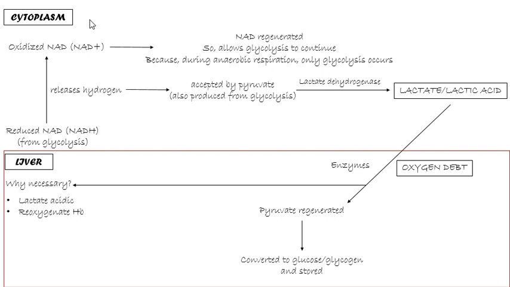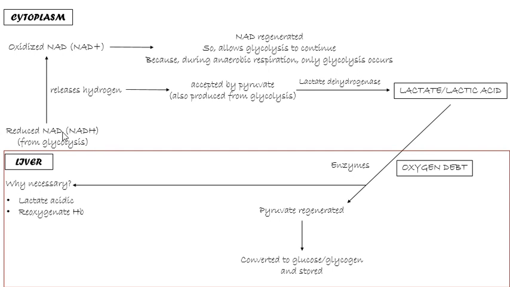So, after glycolysis has occurred in the cytoplasm of the cell, you should know that reduced NAD is produced as a result of glycolysis. Now, what happens in anaerobic respiration is that this reduced NAD releases the hydrogen it has captured previously. According to chemistry, whenever a compound releases or loses hydrogen, it is said to be oxidized.